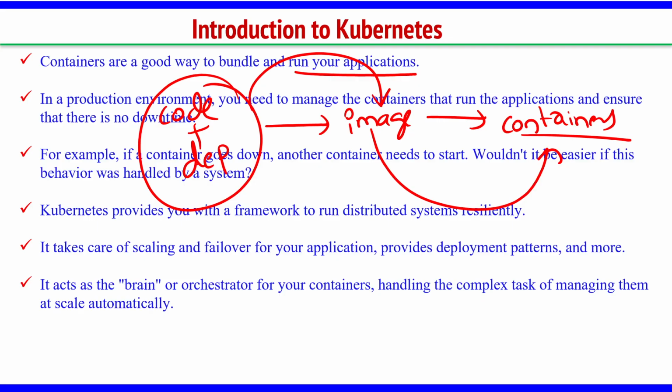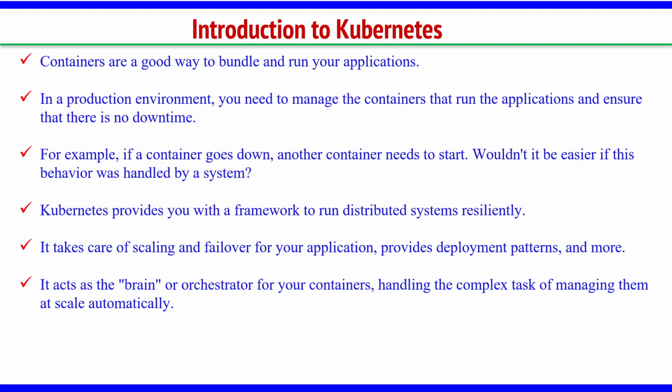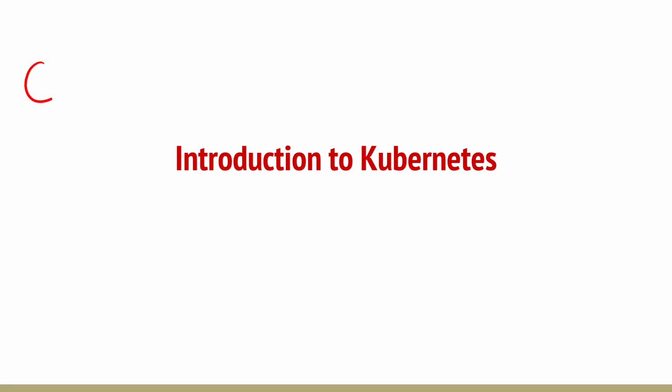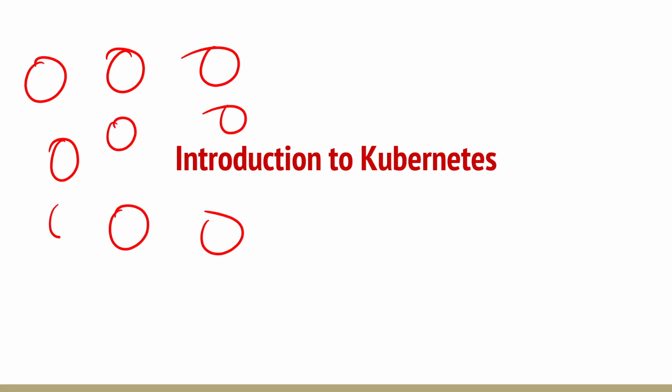A container is an isolated process. It will be running continuously and your business application starts working. In a production environment, let's say you need to manage the containers that run the applications and ensure there is no downtime. I have some services here: front end, back end, middleware, so many services.